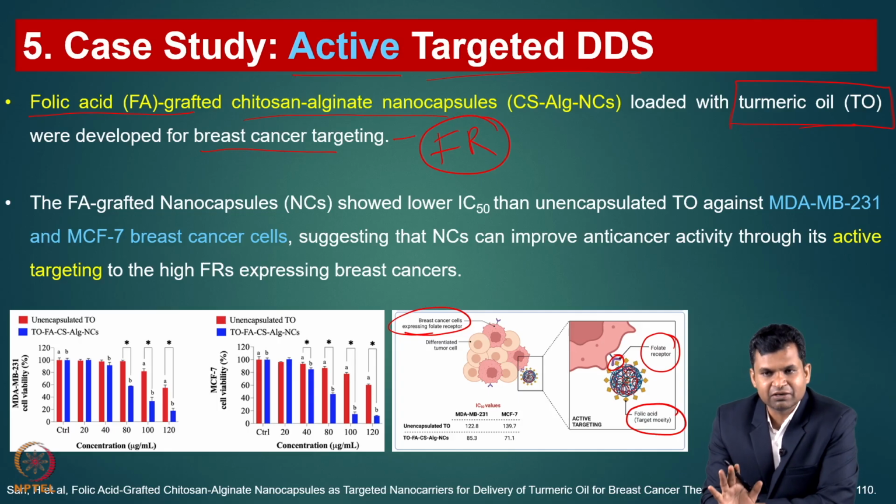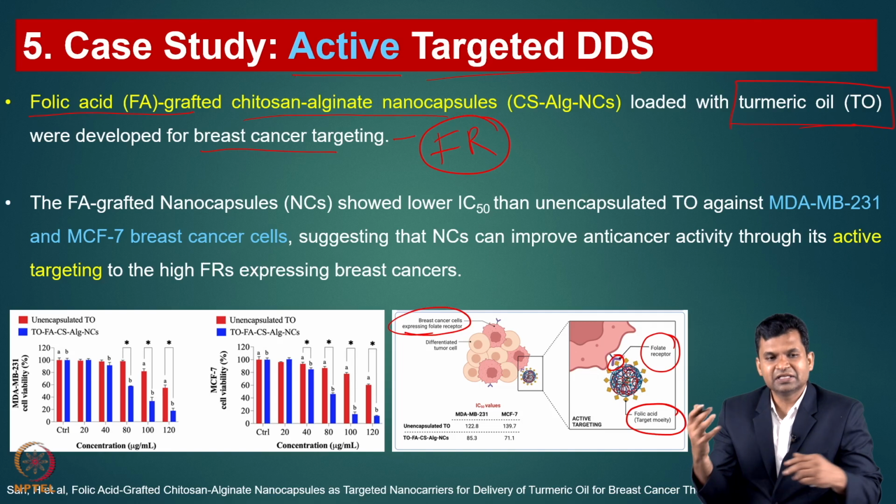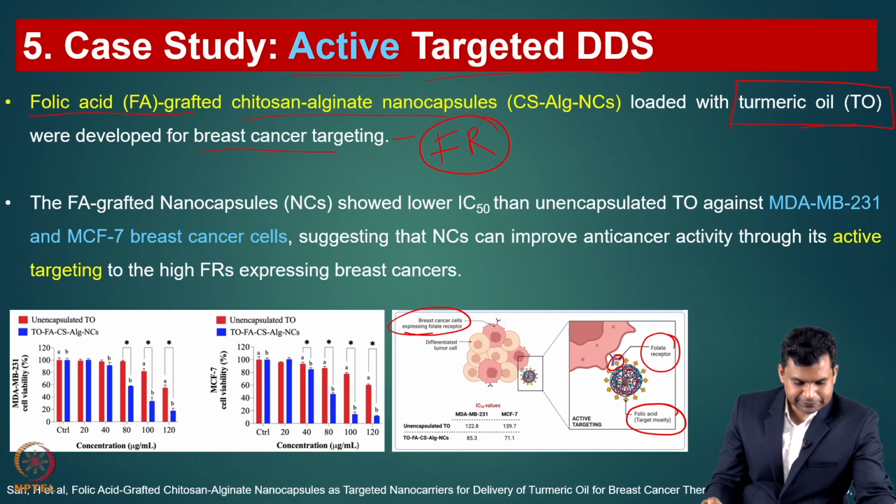So, they developed folic acid grafted chitosan alginate nanocapsules, loaded them with turmeric oil, and then examined the efficiency.